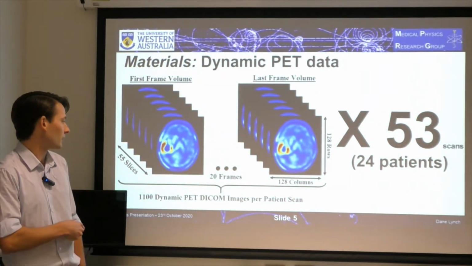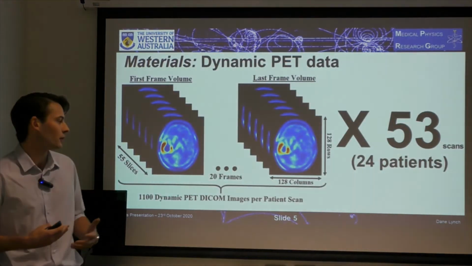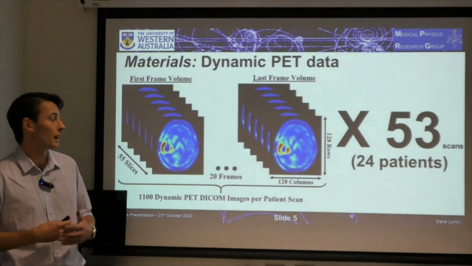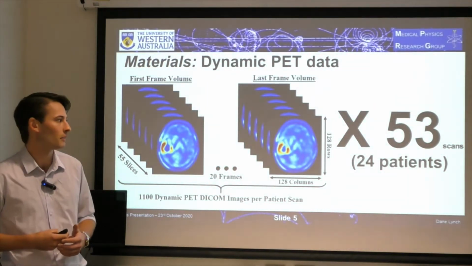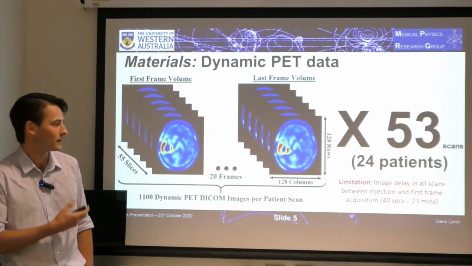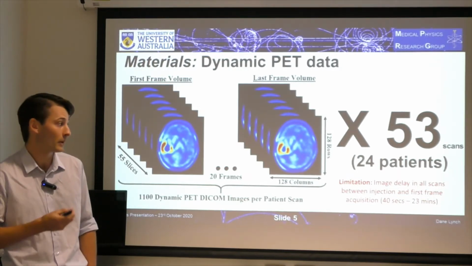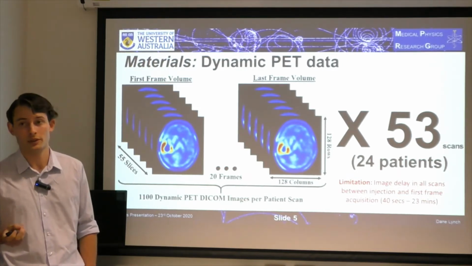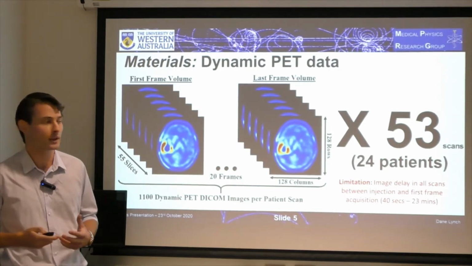So for each scan, that amounts to about 1,100 DICOM slices, with 53 scans over the 24 patients, with some patients having up to 2 or 3 scans. A major limitation of this data set was the image delay in all scans from injection to the first frame acquisition, which was between about 40 seconds and 23 minutes.